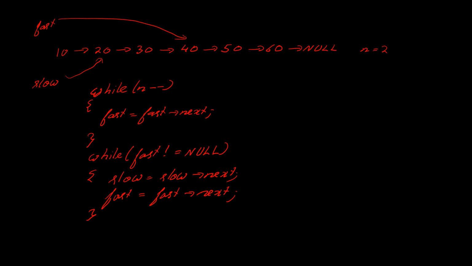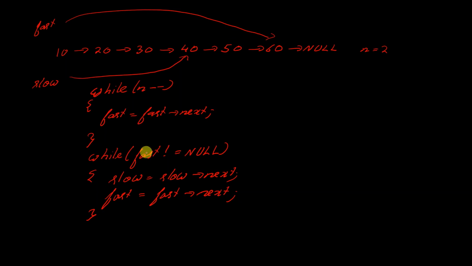Again coming to this loop, fast will point toward this and slow will point toward this. Now the condition is still true, so fast will point toward this and slow will point toward this.